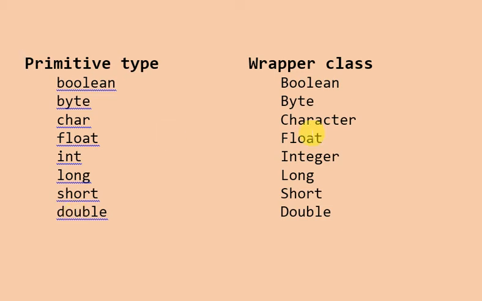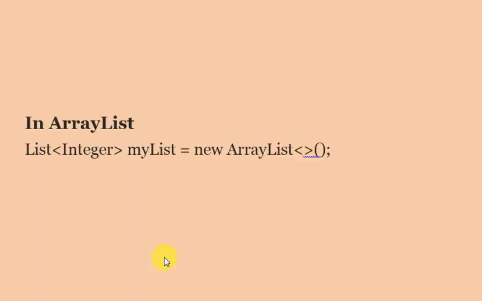Similarly, if you recall ArrayList, then you can remember that as ArrayList is an array of objects only, we never use int or double with small d in these angle brackets. No, we never, because these are objects, these are wrapper classes.